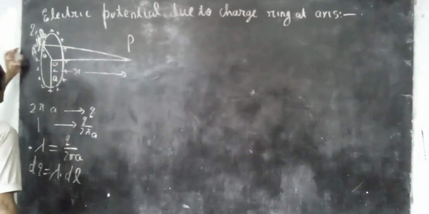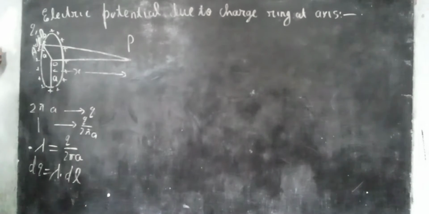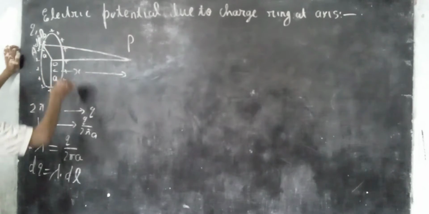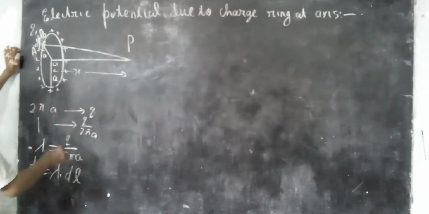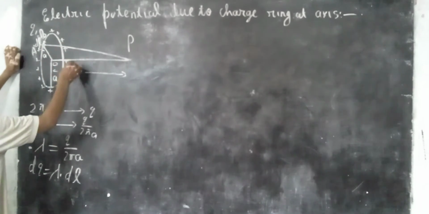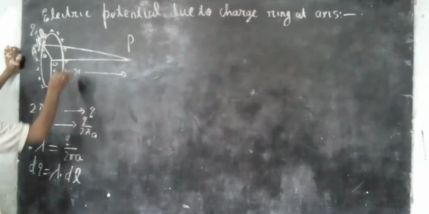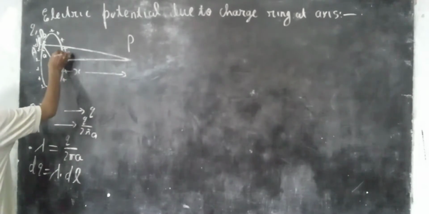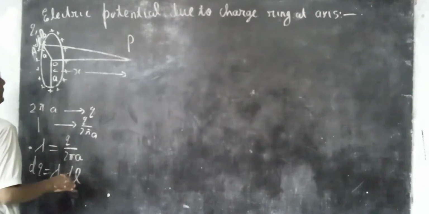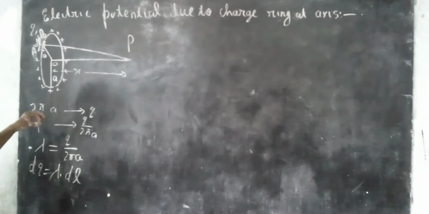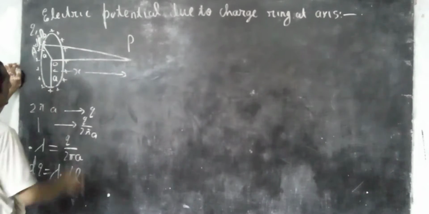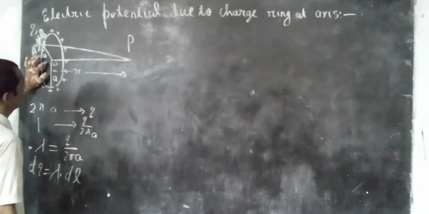The angle between tangent and radius is 90 degrees. The axis is perpendicular to the plane of the loop.